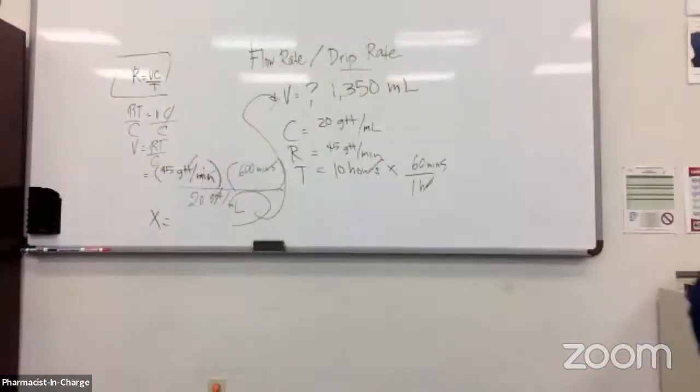What number are you at? That one's 5. Somebody got confused by manually regulated IVs or drip rate in drops per minute. It's 1 hour. But if you paid attention to what I did, you divide that by 60.